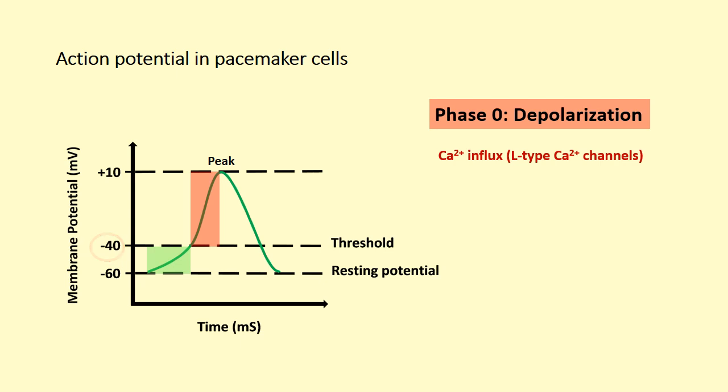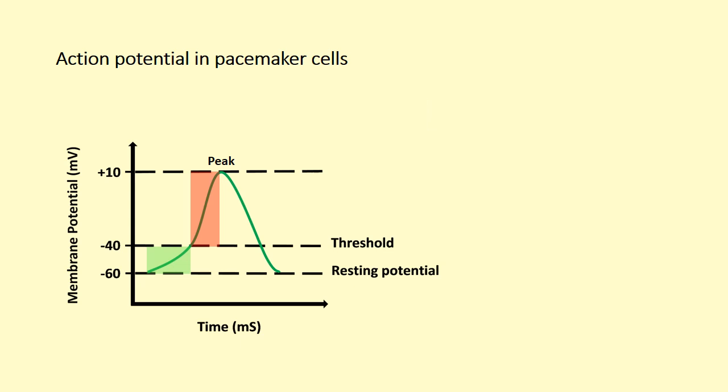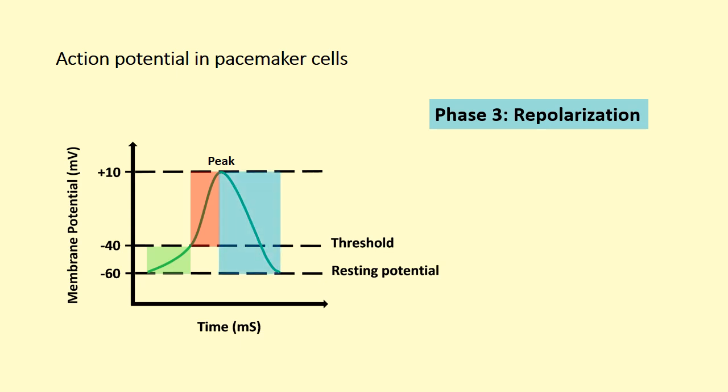The action potential generated in these cells is called slow response action potential. At peak, L-type calcium channels become inactive and closed, and calcium ions no longer enter the cell. In addition, voltage-gated potassium channels open and potassium ions leave the cell. This repolarizes the cell membrane.